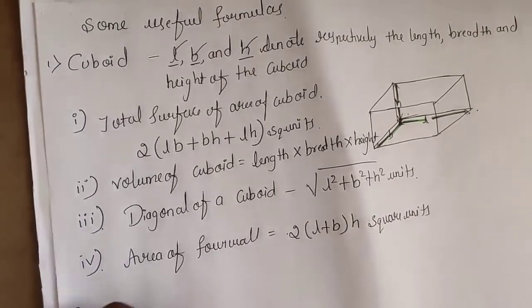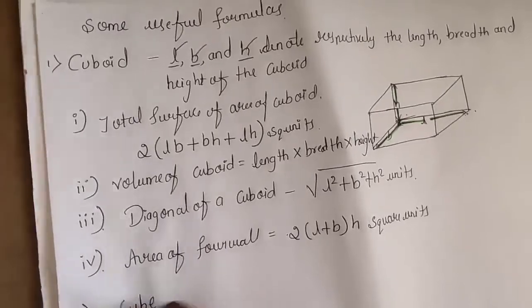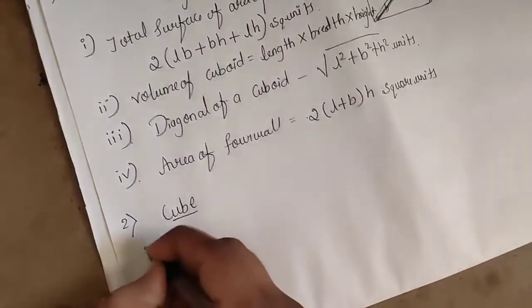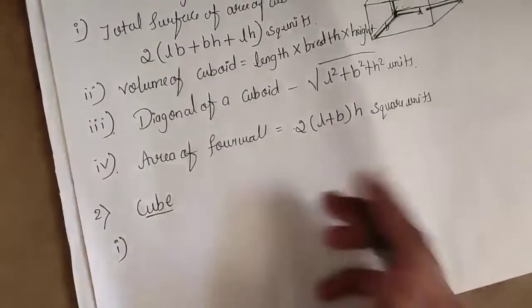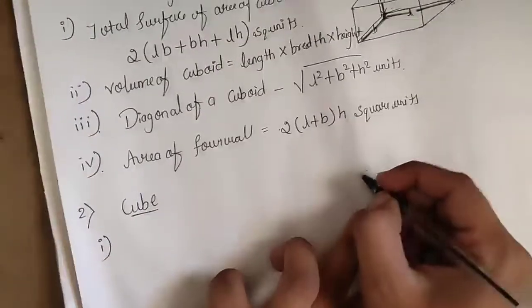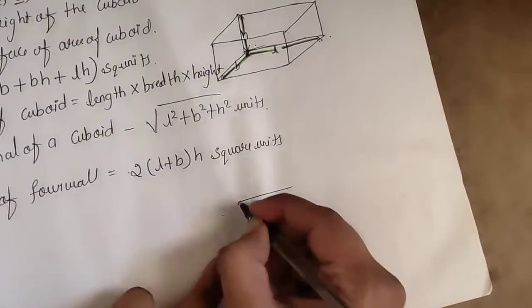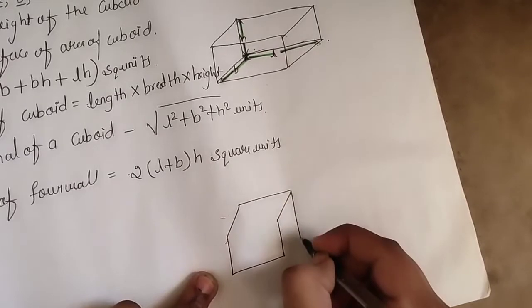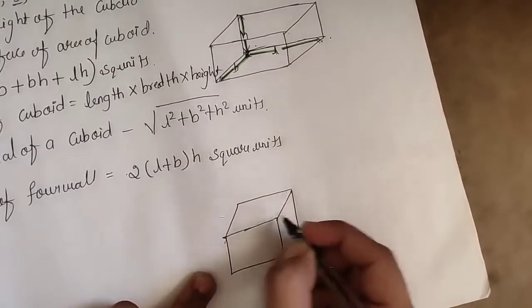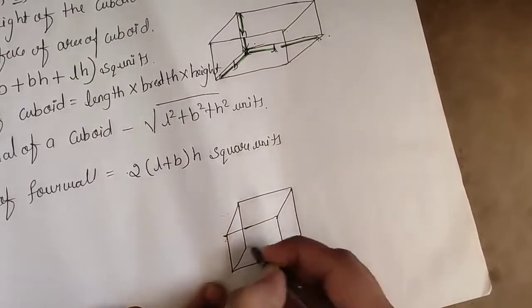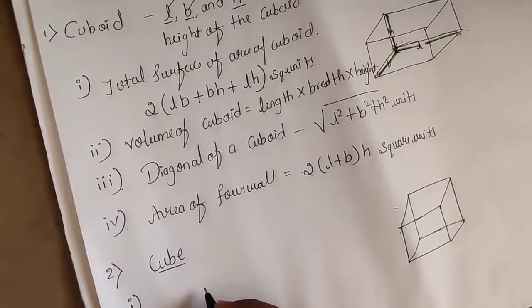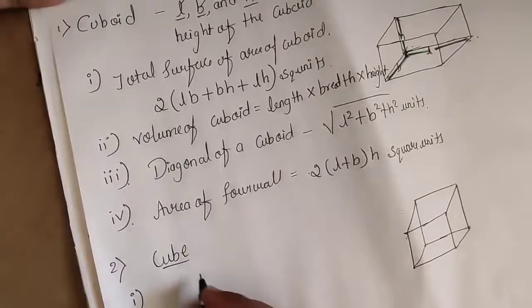The next comes cube. What are the formulas related to cube? Let us draw the figure first. In cube, the length, breadth and height are all equal.